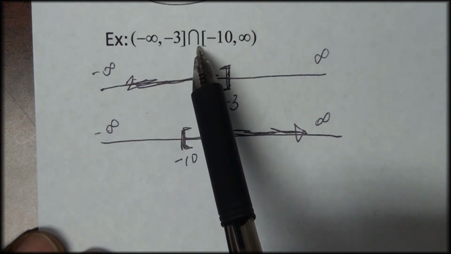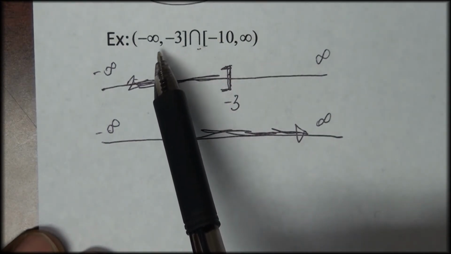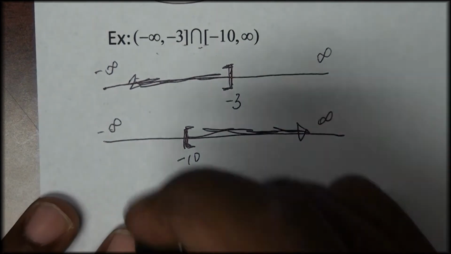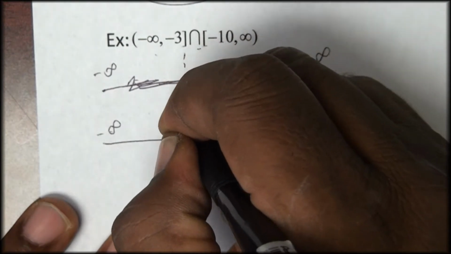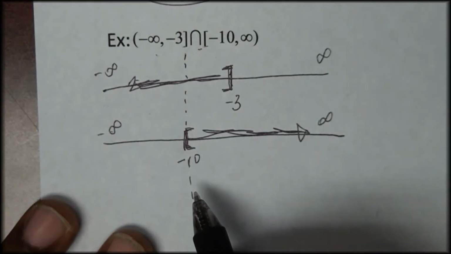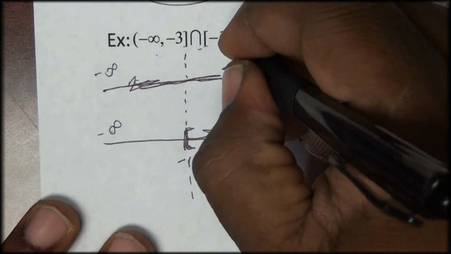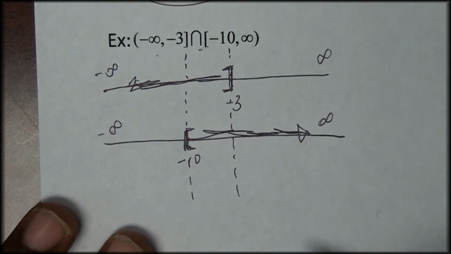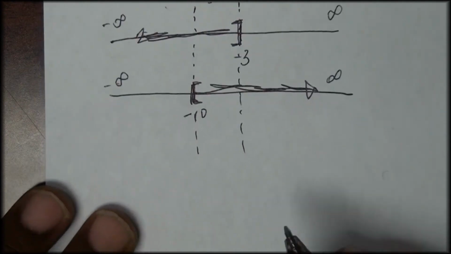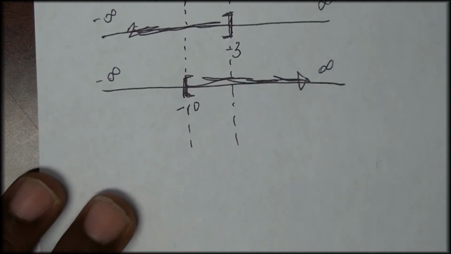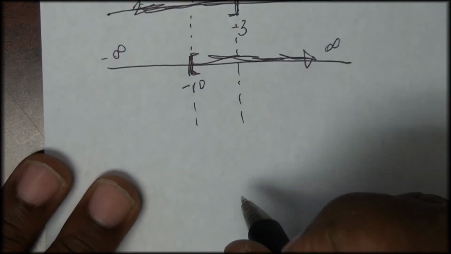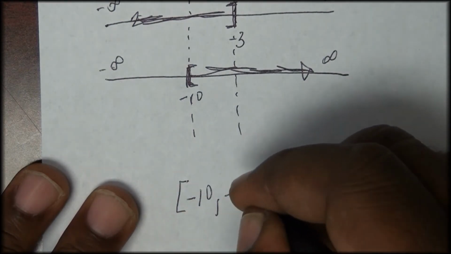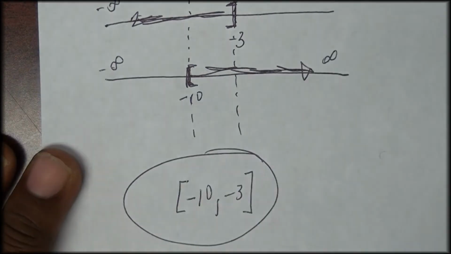We want all of the elements that are in both the first set and the second set. And that appears to happen at negative 10 to negative 3. So our solution here, we have the closed interval from negative 10 to negative 3.